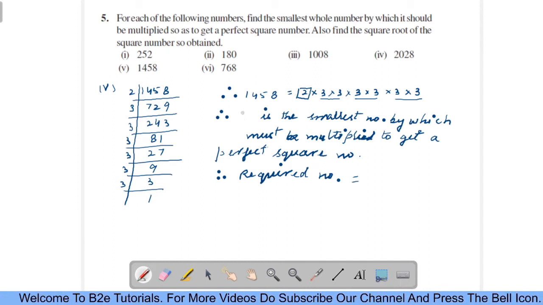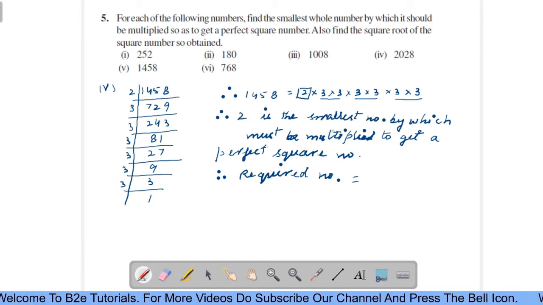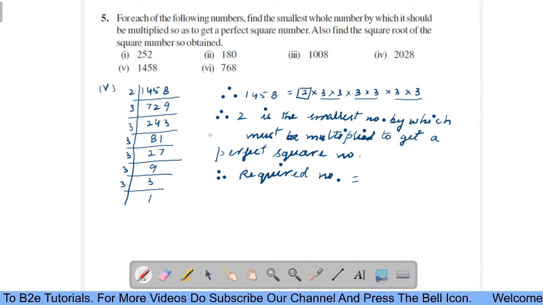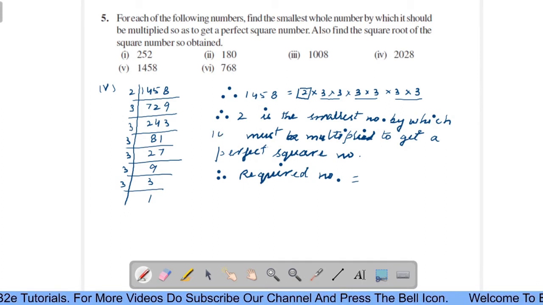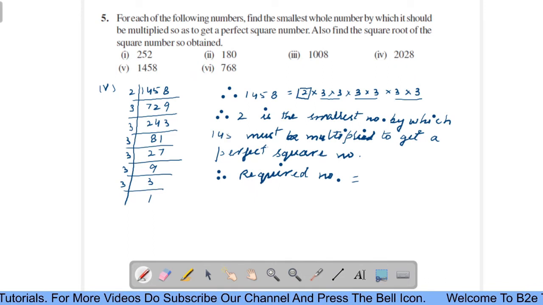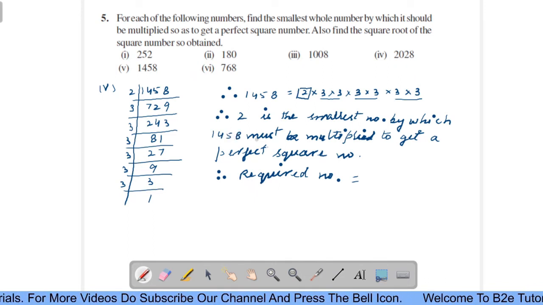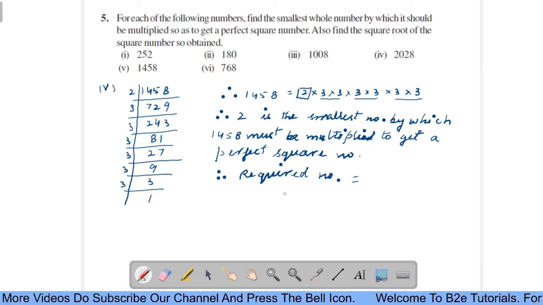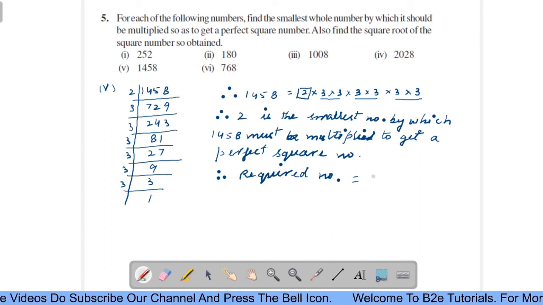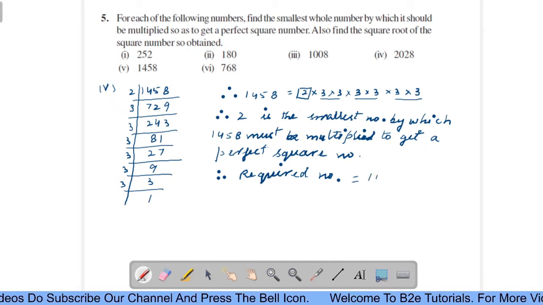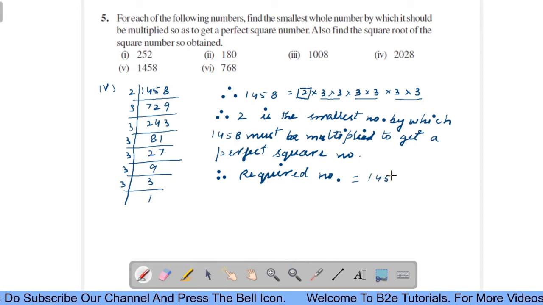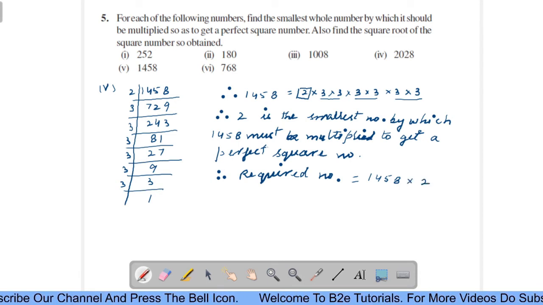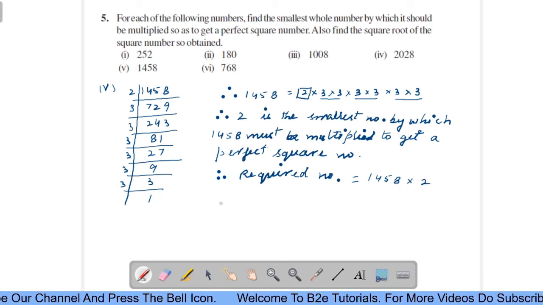Therefore, 2 is the smallest number by which 1458 must be multiplied to get a perfect square number. Therefore, required number equal to 1458 multiplied by 2. Now let us find out the square root of this number.